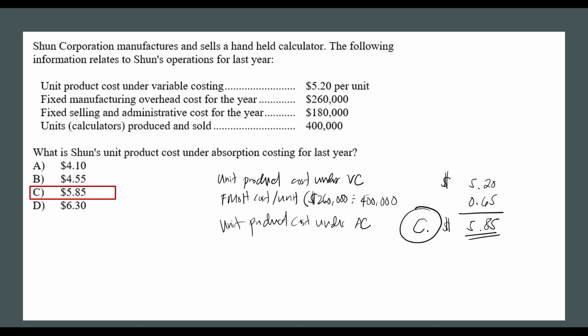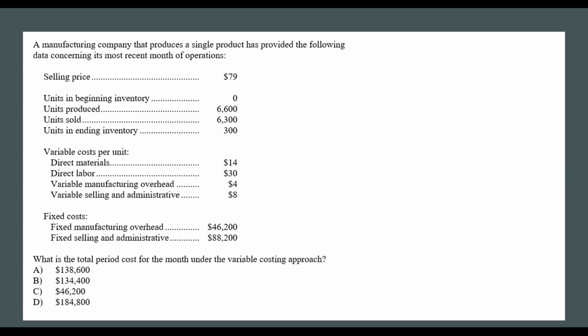Next problem. A manufacturing company that produces a single product has provided the following data concerning its most recent month of operation. We have here your selling price of $79, your units in beginning inventory of 0, your units produced of 6,600, your units sold of 6,300, and your units in ending inventory of 300.